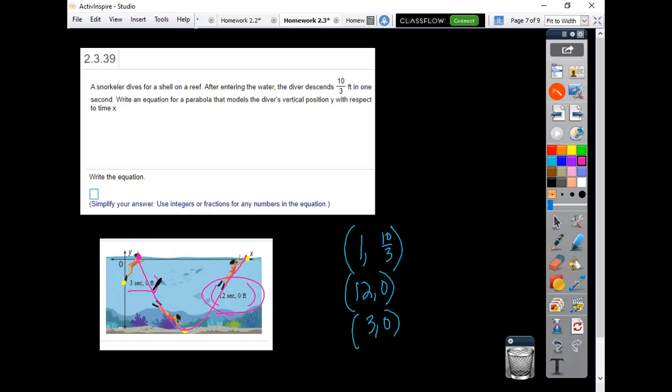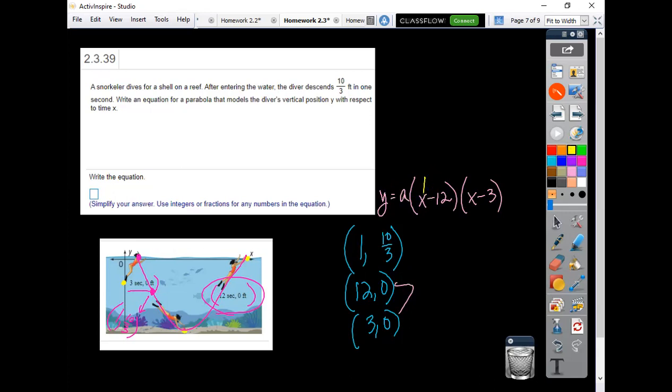So if this is at 3 feet 0 seconds, I think that's just an extra point they're giving us. So we've got that point given of 1 and 10/3. It's going to be back to knowing these two problems. We have the two factors, and then we're going to use the third point to solve and see if there's a stretch factor in there.